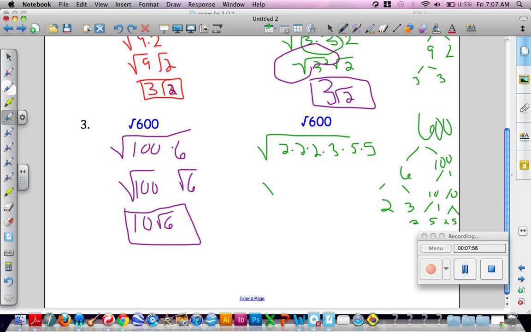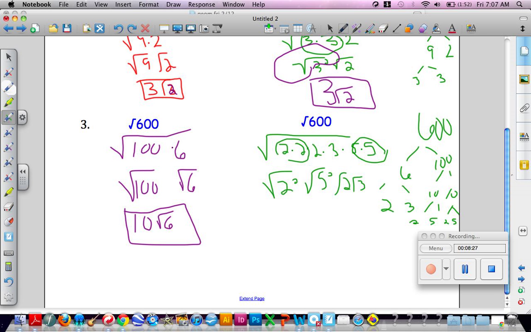All right, I'm looking for groups of 2. So I got 2 squared there. Here's another group. I got 5 squared. I got root 2 and I got root 3.